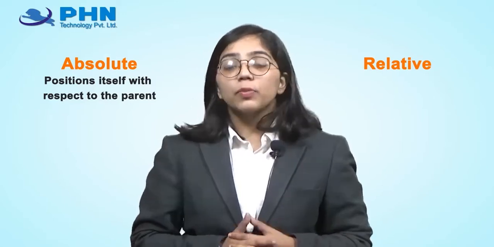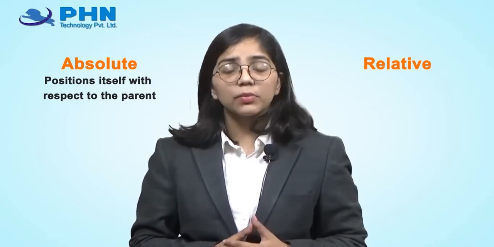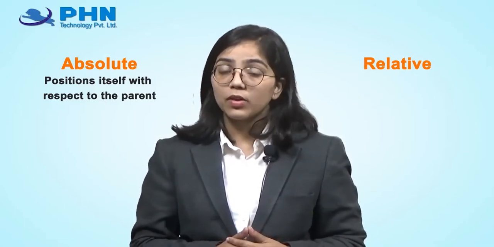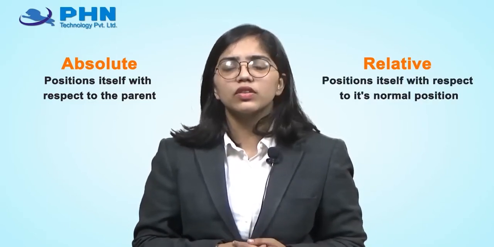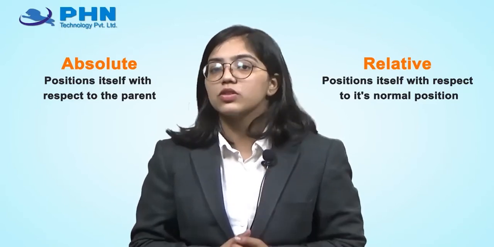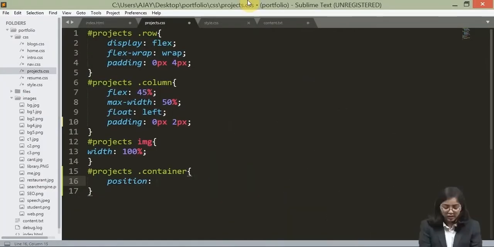The absolute positions the item according to its parent. And what does relative do? The relative positions it with respect to its original position. So here we want the container to take its position with respect to its original position, so we are going to enter relative over here.